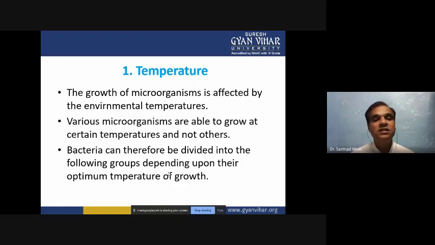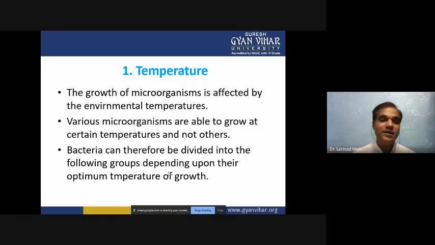Suppose the food material is stored at zero and sub-zero temperature, so we can store it nicely, and the life of the food, spoilage-free, we can preserve for a longer duration. So temperature is a very effective factor. We can stop the growth of microorganisms when we keep food at a low temperature, and at low temperature the food characteristics will not degrade.